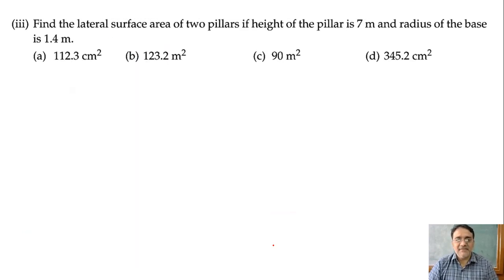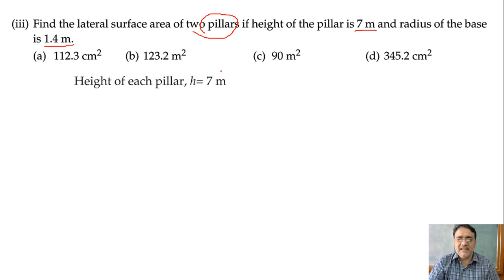Okay. So third question. Find the lateral surface area of two pillars if the height of the pillar is 7 meter and the radius of the base is 1.4 meter. The shape of the pillar is given in the form of cylinder. Lateral surface area of cylinder is 2 pi r h. Very good, 2 pi r h. So two pillars are there, so we have to multiply with 2.